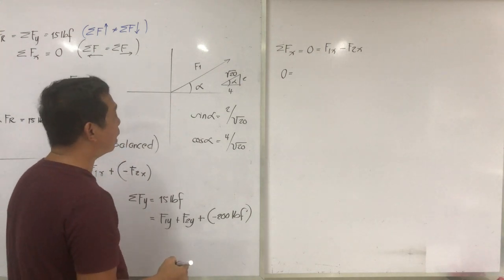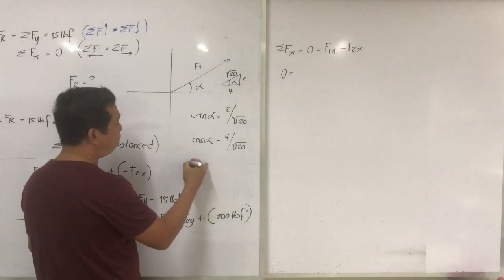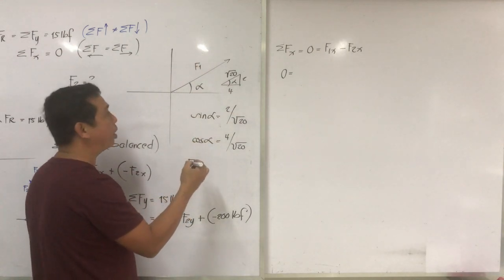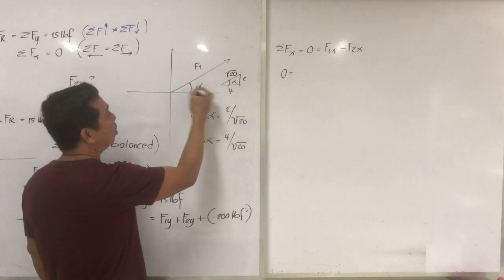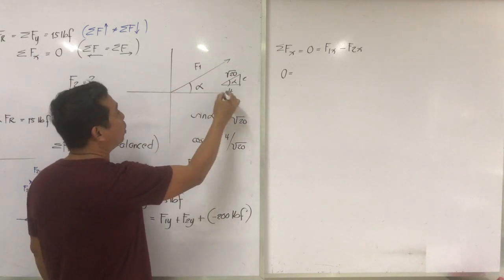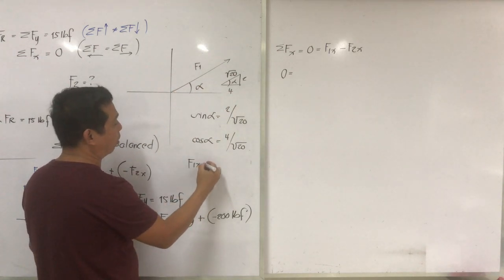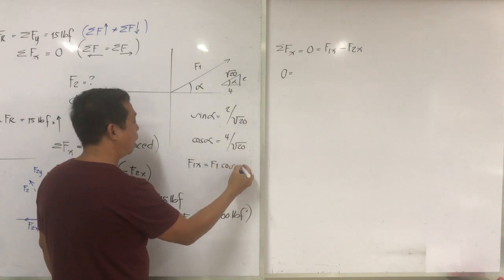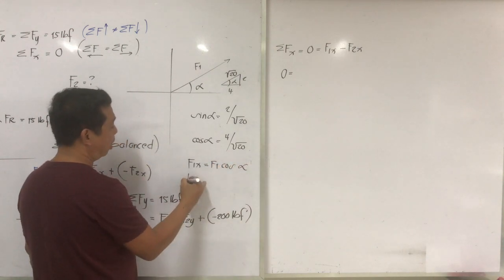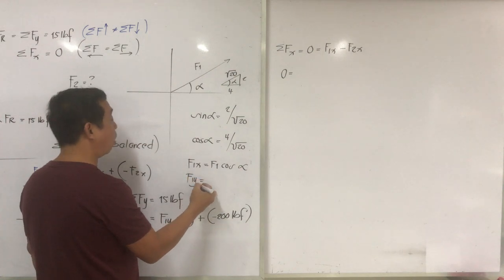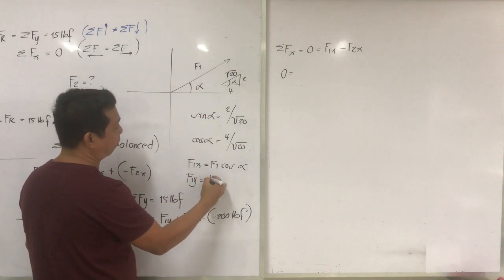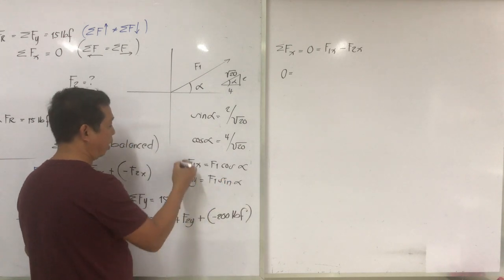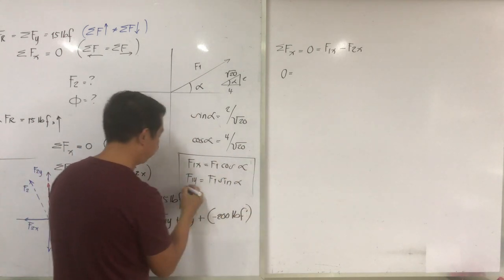Now, lalabas kasi na yung F1x natin, base sa pinag-aralan natin sa component method, ang ating horizontal would have to be naka-cosine. So, F1x would be positive F1 cosine alpha, at naturalmente ang kanyang y-axis, which is also positive, would have to be F1 sine of the angle alpha.